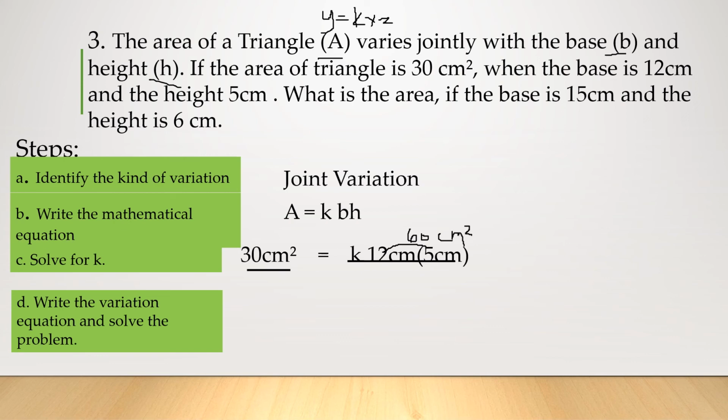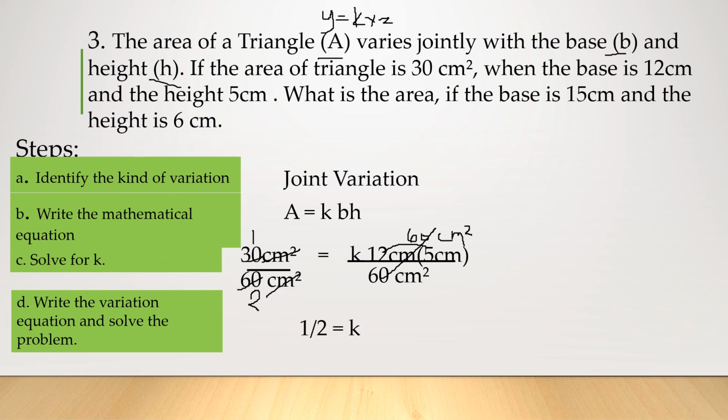So we divide both sides by 60 centimeters squared, and this is equal to 1. This will be cancelled also. So therefore, we have K. We can reduce this to lowest terms by 30. 30 divided by 30 is 1. 60 divided by 30 is 2. So we have now K is equal to 1/2.